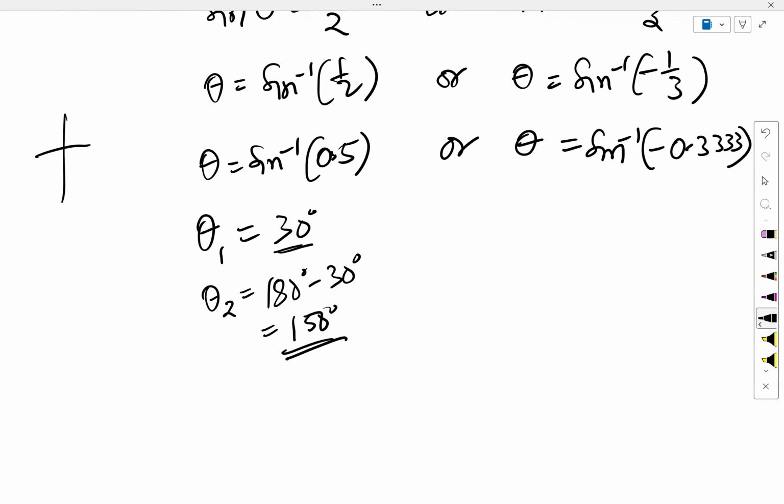So on the other hand, you have theta equals arc sine of minus 0.3333. Because this is negative, and we are dealing with sine, sine is only negative in the third and fourth quadrants.